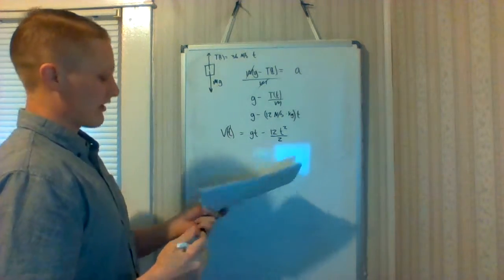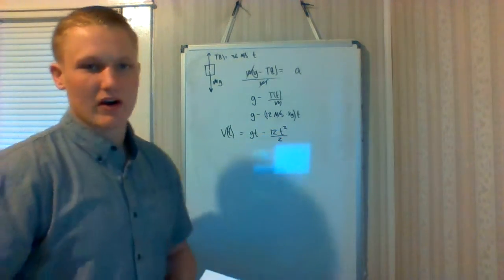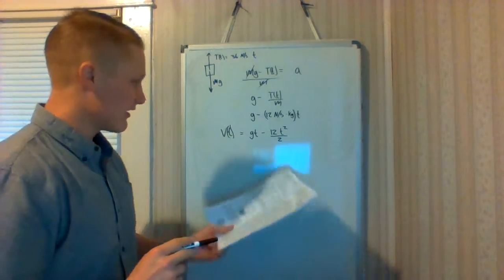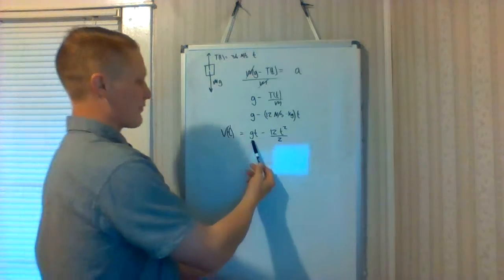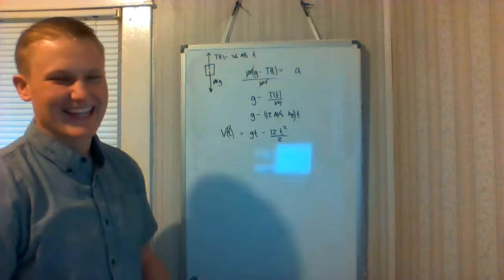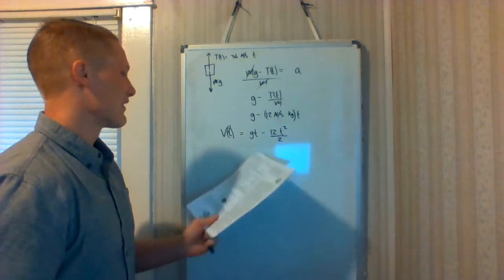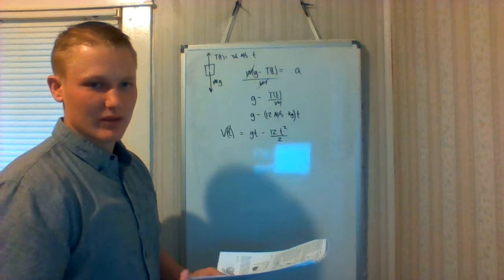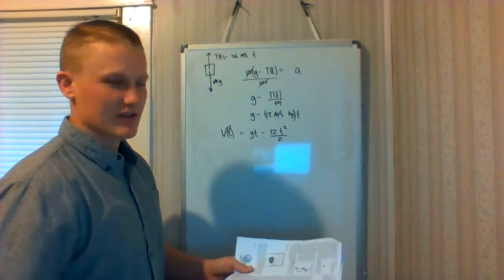And now that we're here, we can just plug in our numbers. So at 1 second, plug in your 9.81, plug in your 1, and it comes out to 3.8 meters per second.